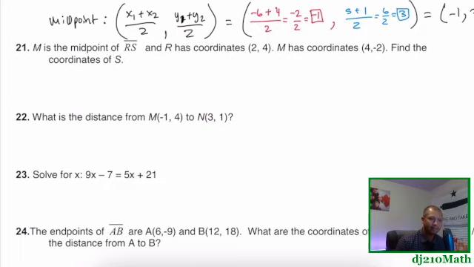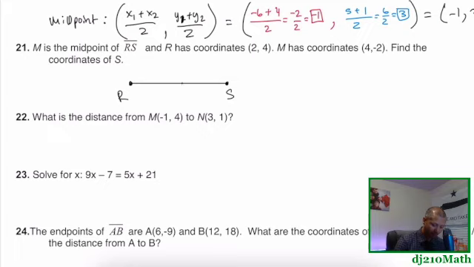Okay, here I suggest just think about it, right? Just logically think about this. We have segment RS. Okay, R and S. M is the midpoint, right?